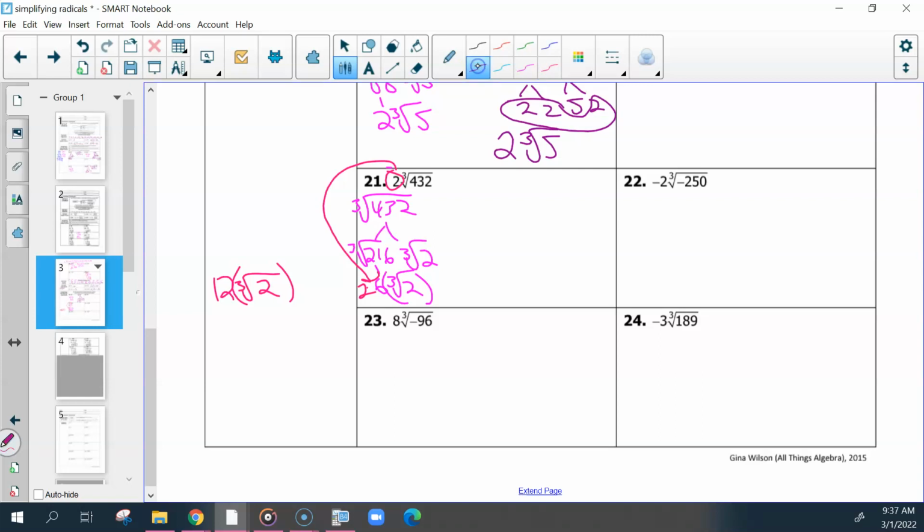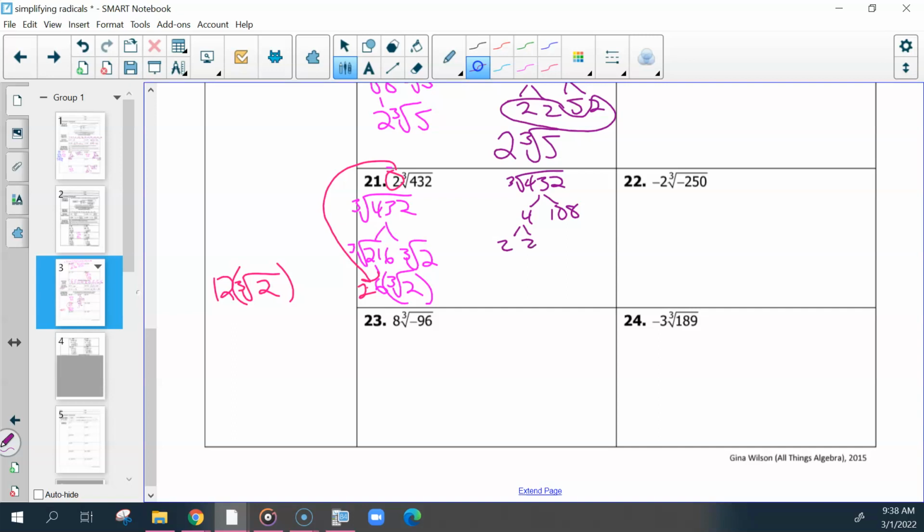Now, using the longer method, give me 2 factors of 432 that are not 216 and 2. 4 and 108. So you might be breaking this down for a little bit. That's okay. 4 will give us 2 and 2.